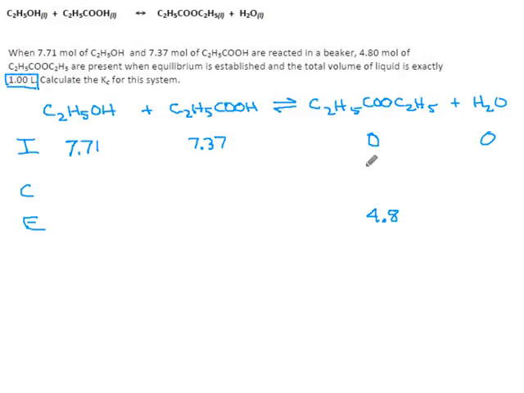Equilibrium amount 4.8. All right, and then what's the K? Can we do this? It's actually not as bad as it looks because notice these are all 1 to 1. When we start filling in numbers, it's going to go quick. We started with none of this. We ended up with 4.8, so clearly we created 4.8 of it. Since these are all 1 to 1 ratios, that means all of these numbers are the same. They're all 4.8.